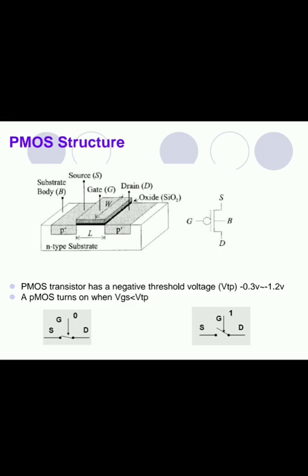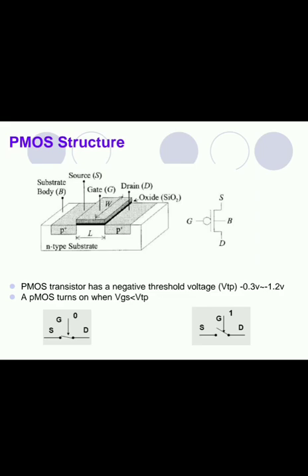So you can see here now the same. What will be the difference? Only where there was N there will be P, and where there is P there will be N. So now for PMOS, we are supposed to take an N-type substrate and take drain and source as P-type.